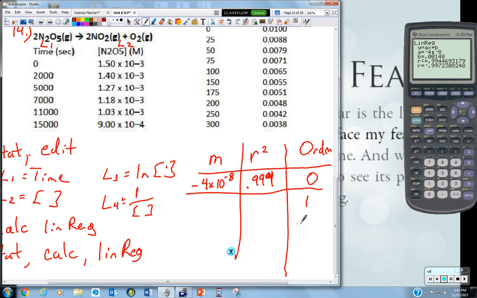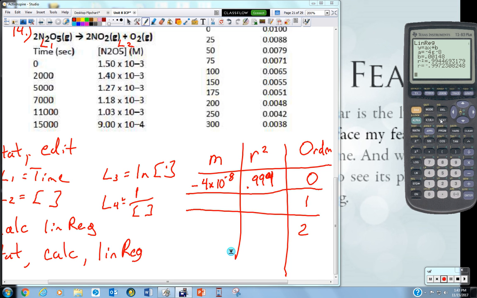We're going to do it for first order, and we're going to do it for second order. All right, so now from here you just hit Stat, go back to Calc, select number 4, which is linear regression, and this time we're going to go L1, comma, and what column am I going to use for the second one?